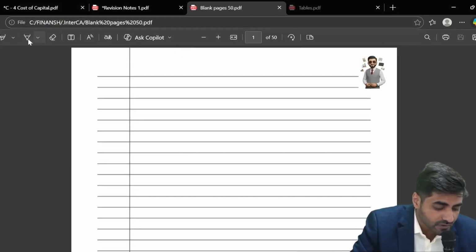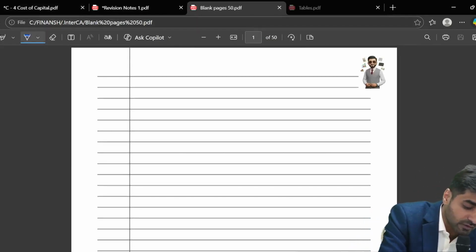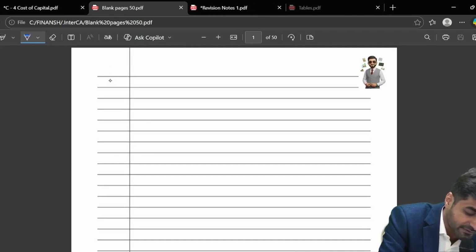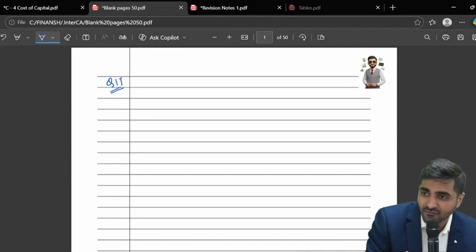So let's do this together. Okay. So now this is which question? Beta, question number 17. Illustration 17, which we are solving.